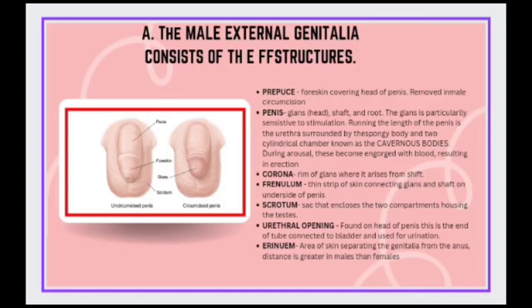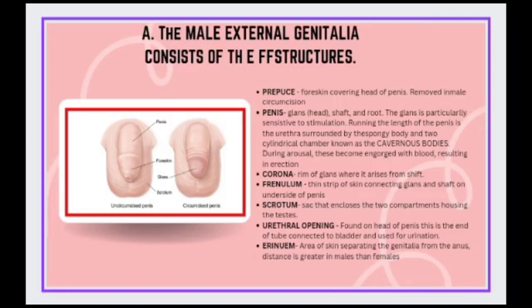And for many people, it's very sensitive. The scrotum is the skin that hangs behind the penis. It protects your testicles and provides a sort of climate control system. Dali lang po yung scrotum. Ano siya? Sack of skin na pinoprotektahan niya yung testicles.